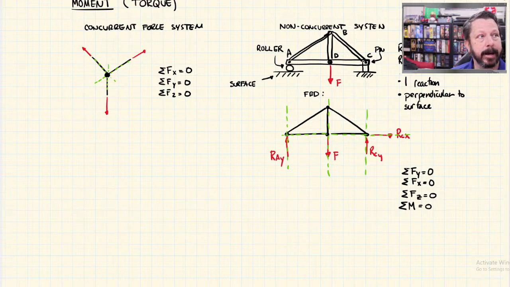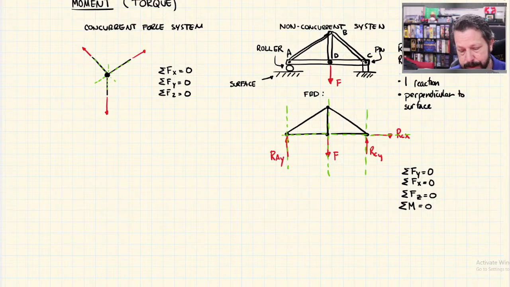So that would be kind of like a door. If you have a door and you push on the door hinge, then it doesn't really make the door want to open or close because that's the point about which it would normally rotate. If I push at the hinge, then it's not really going to try and make it rotate. That's the concurrent force system idea. All of my forces are pointing right at one point, and it doesn't even try to rotate about that point.